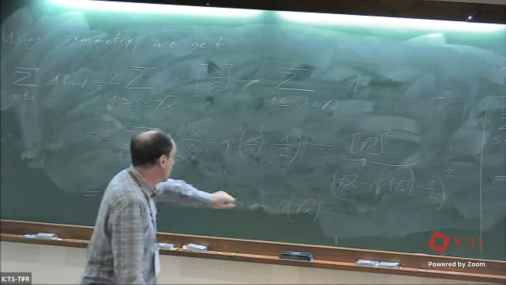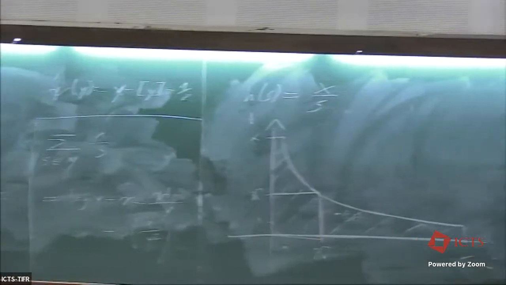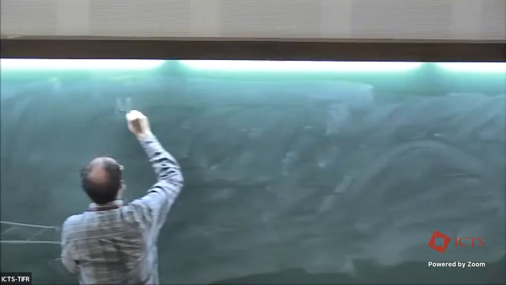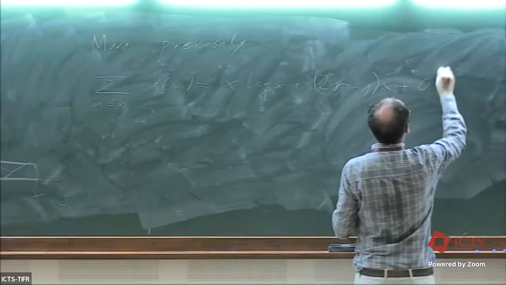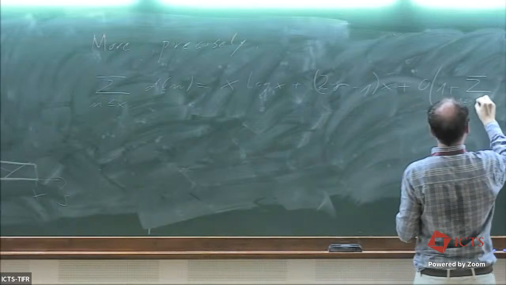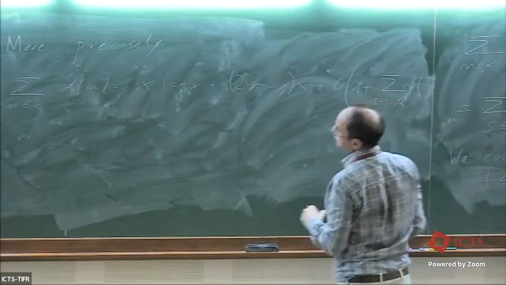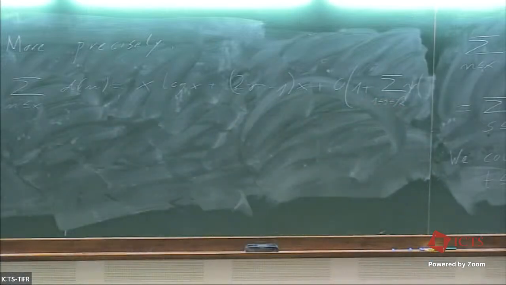More precisely, you can write out this error term here. What you get is the following. And that is now important because this offers a possibility of improvement: 1 plus the sum over 1 less or equal s less or equal square root x of psi of x divided by s.